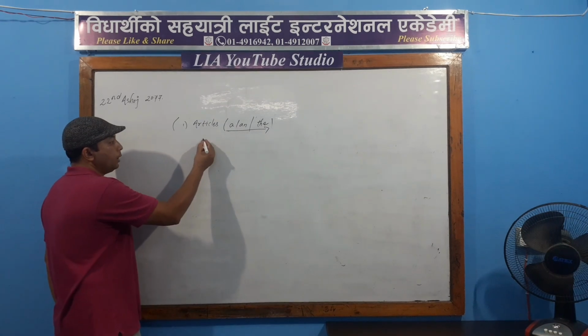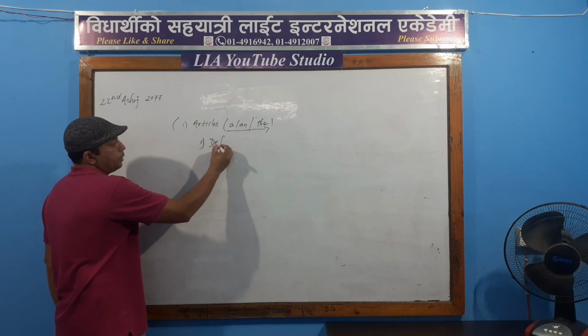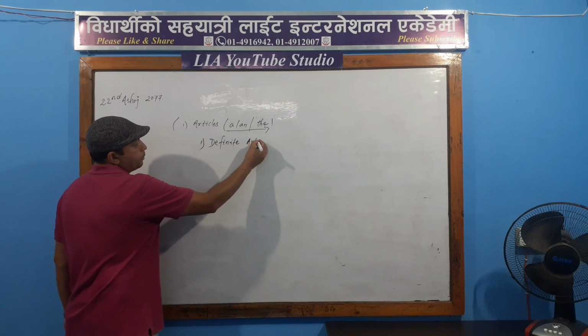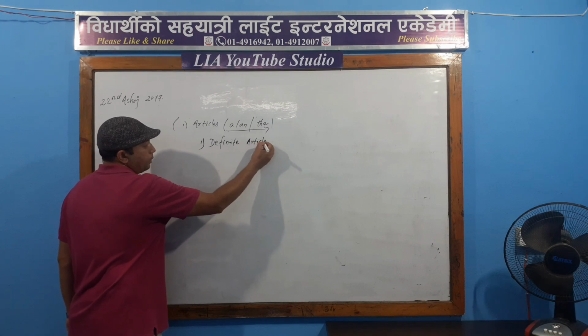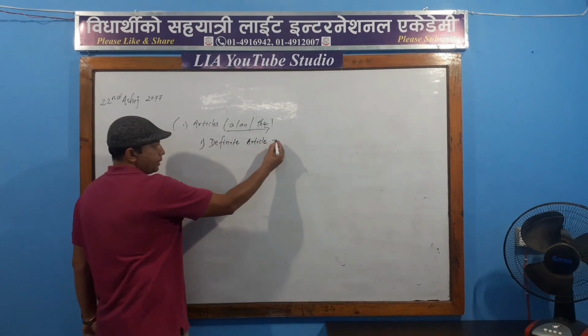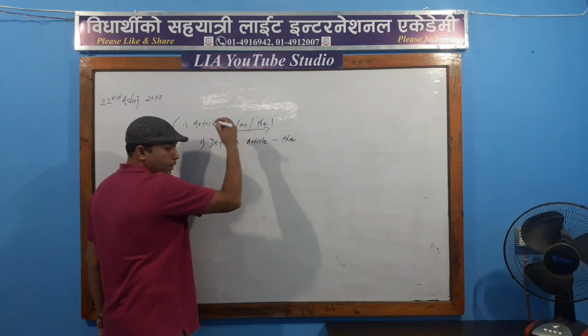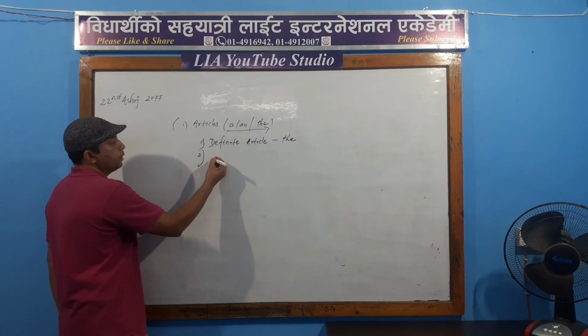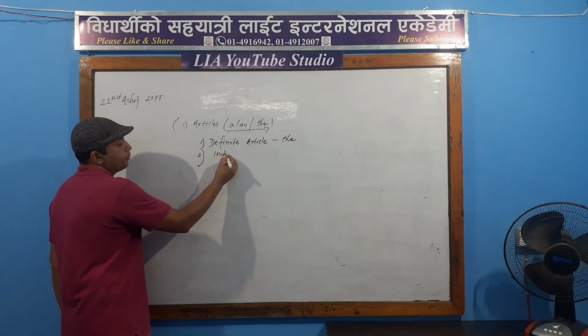So number one is definite article. Article only, because only one, it is the. The is definite article. Okay. And number two, indefinite.